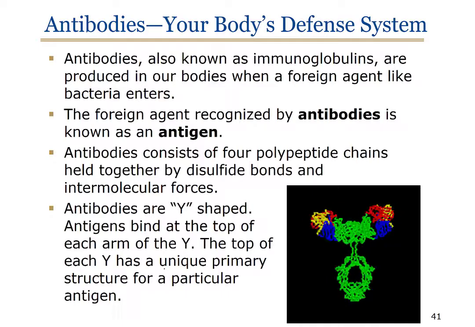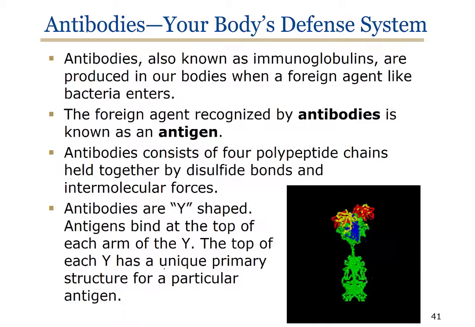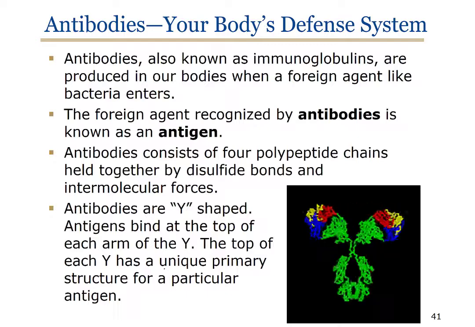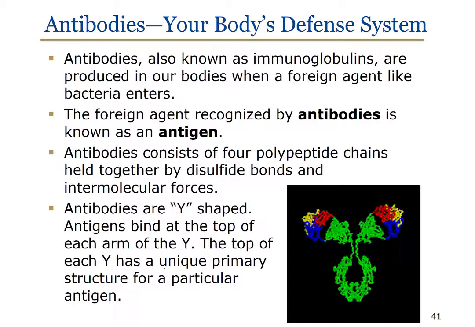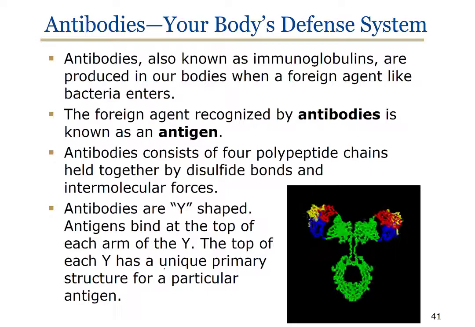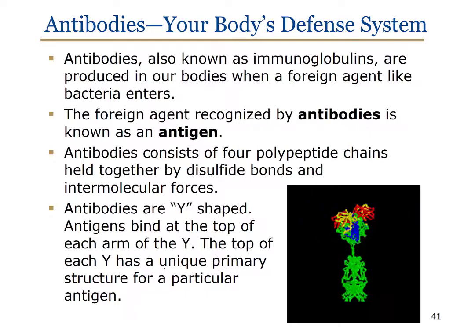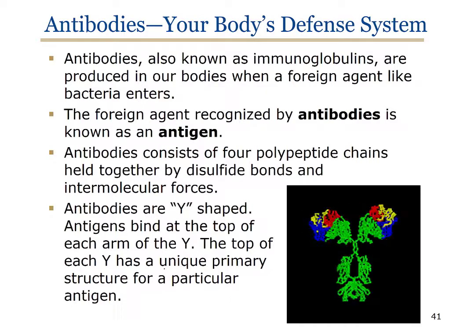These antibodies have been described as Y-shaped. You can see that rotating molecule. It's not quite a Y, but the blue and red and yellow parts are the ones that would bind to the molecule of interest, and then the antibody can signal to the cells that there is a foreign molecule, and then the whole immune response can be triggered.